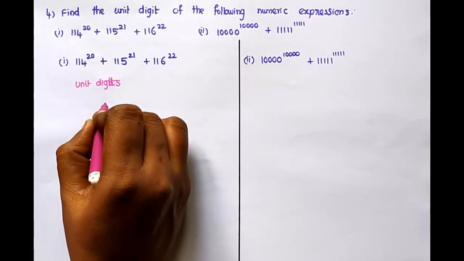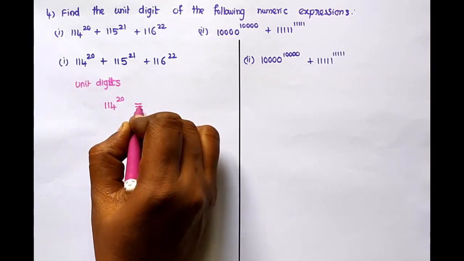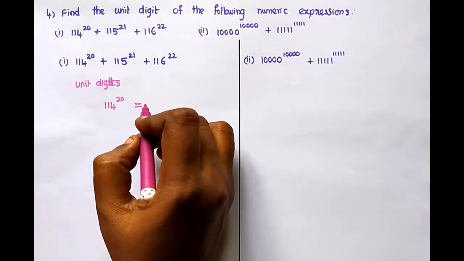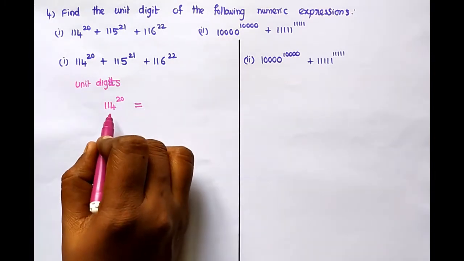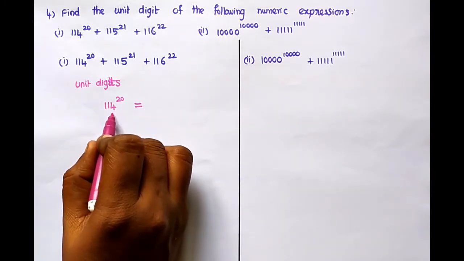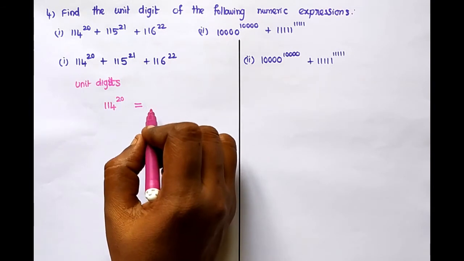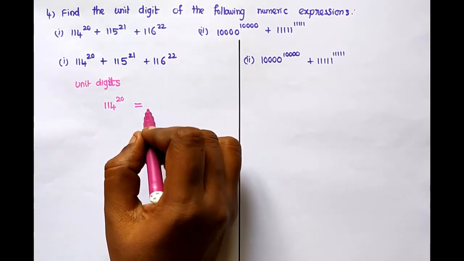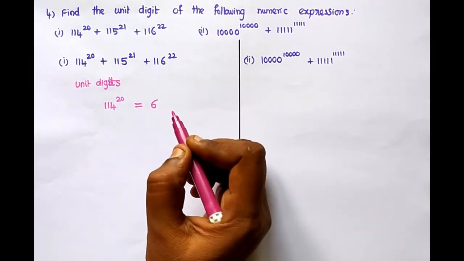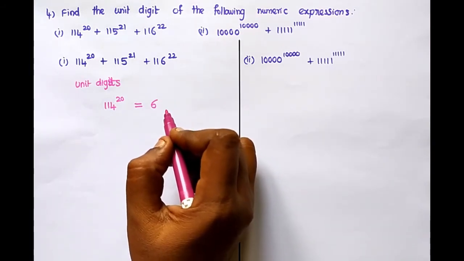Listen, 114 power 20. What is the unit digit? Unit digit of the base is 4, power is even. Then what is the unit digit? Power even means we get 6 as the unit digit.